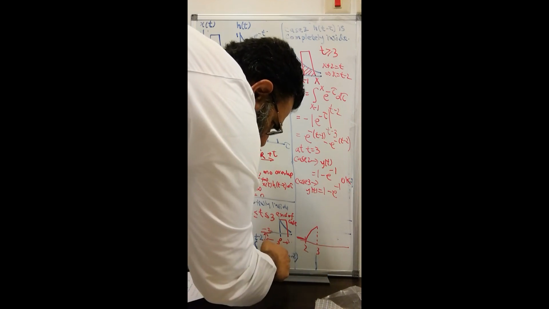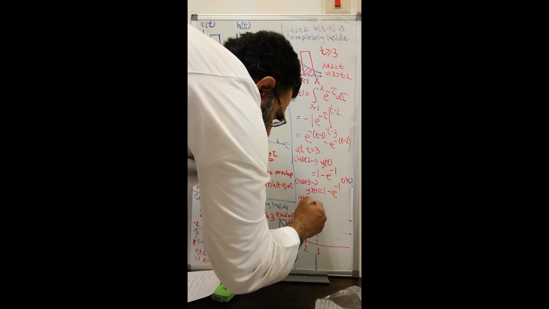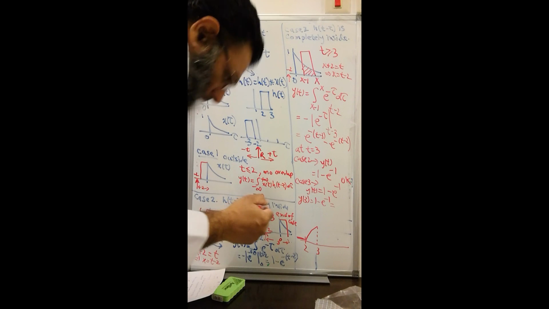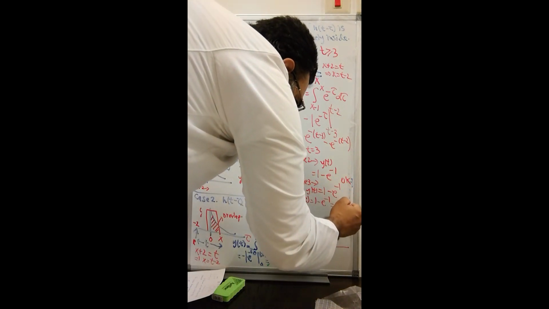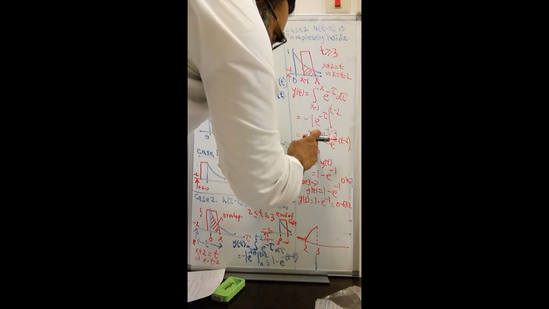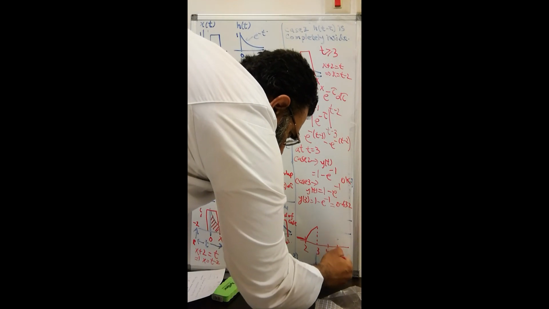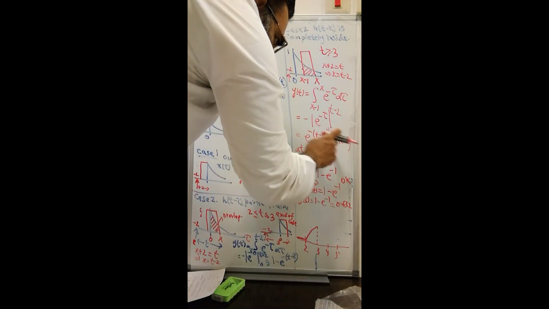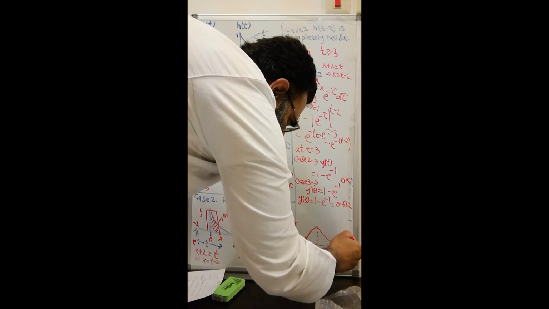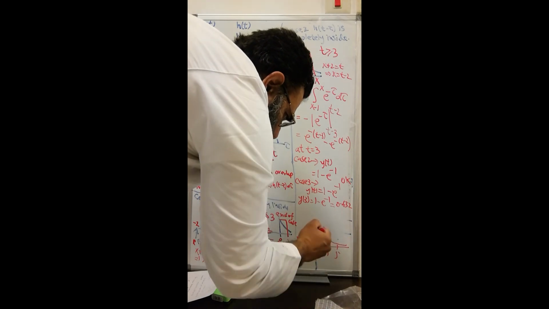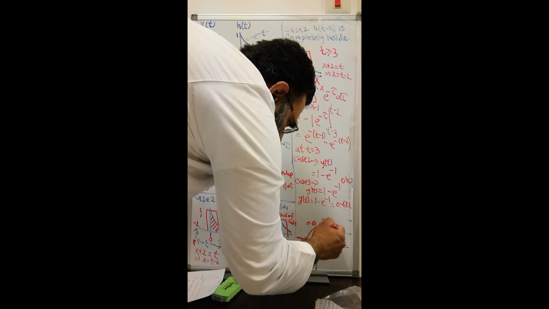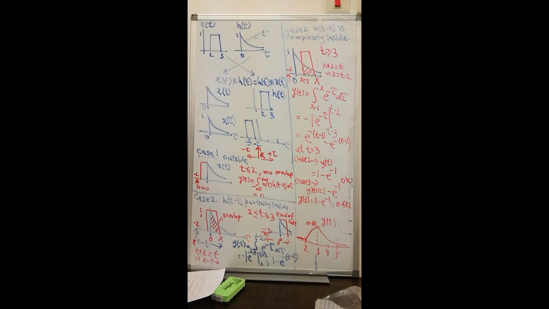At 3, y of 3 is equal to 1 minus e raised to the power minus 1, which is equal to 0.632. Then if you put in some numbers, 4, 5, you will see that this function starts coming down, and a little bit after 5 it becomes almost 0. So this peak point is 0.63.